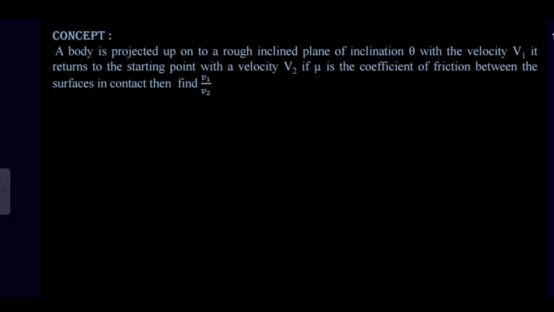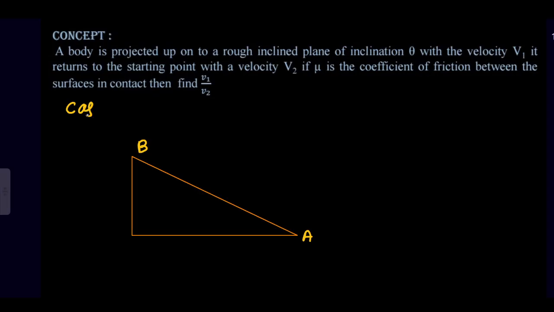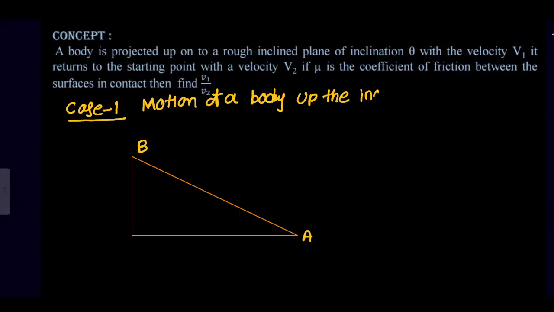First case, we consider the motion of the body up the inclined plane, from A to B. Let us say this is case 1: motion of a body up the inclined plane. This angle is theta.